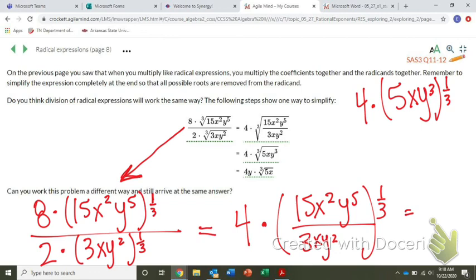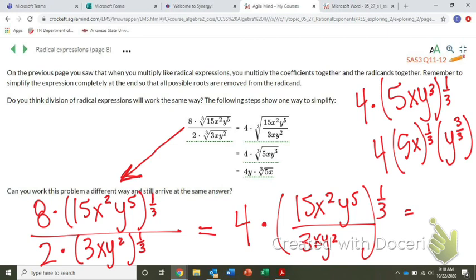We simplify again. And we say 4, 5x to the 1/3 power times y to the 3 over 3. So you see what I did? I applied that 1/3 power, and I used the power rule to multiply.